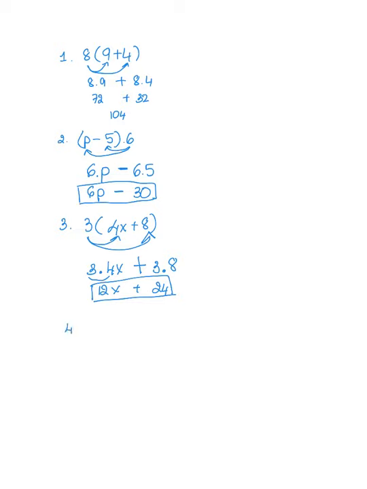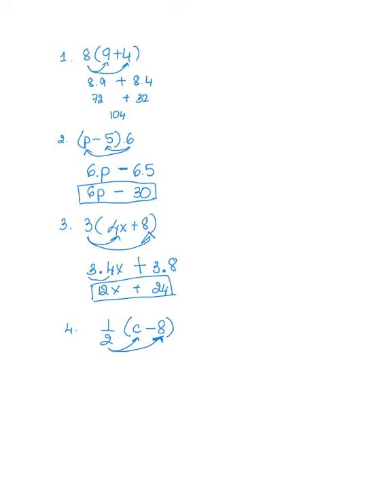Number 4, you have half of C minus 8. We're gonna distribute, just think about 1/2. It's just a number, right? It's a rational. It's 0.5, so you just distribute it as normal.